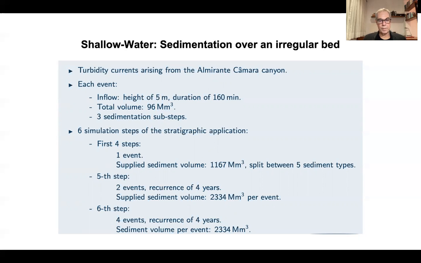In the first 4 steps, we do 1 event and supply this amount of sediment volume. In steps 5 and 6, we have 2 and 4 more events with this amount of sediments. You're going to see in the slide almost 2,300 mega cubic meters per event of sediments.